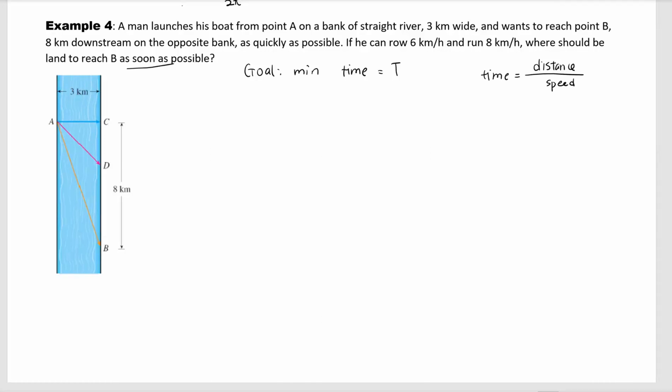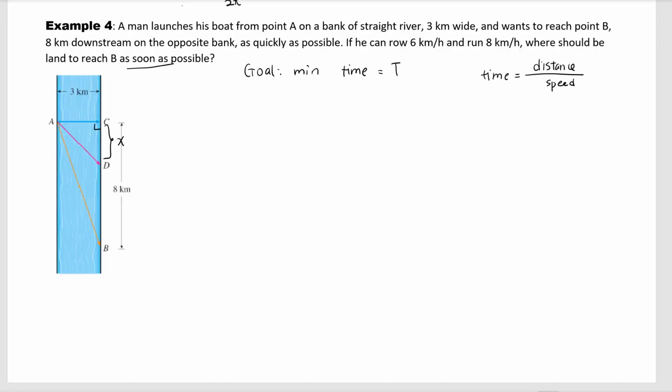Now let's see. We want to know where he should land. So let's call this guy x. Then can you see that there are two triangles? There is a triangle ACD and a triangle ACB.